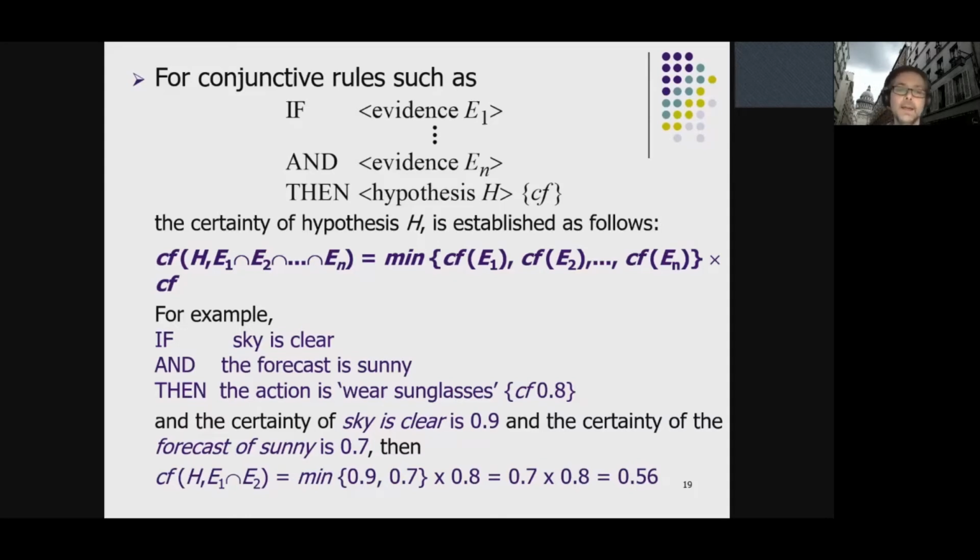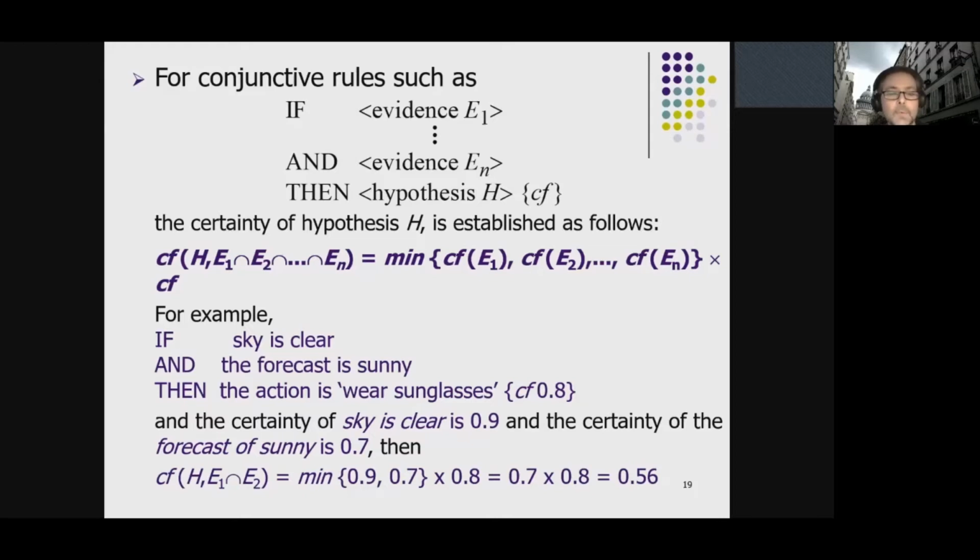How can we do the processing? It's very simple with certainty factors. So the certainty factor of hypothesis H, when evidence is E1 and E2 and E3 and En, is given by the minimum, as you can see on the slide. So we take the minimum of all these certainty factors for each piece of evidence, and this is multiplied with the certainty factor of the rule.